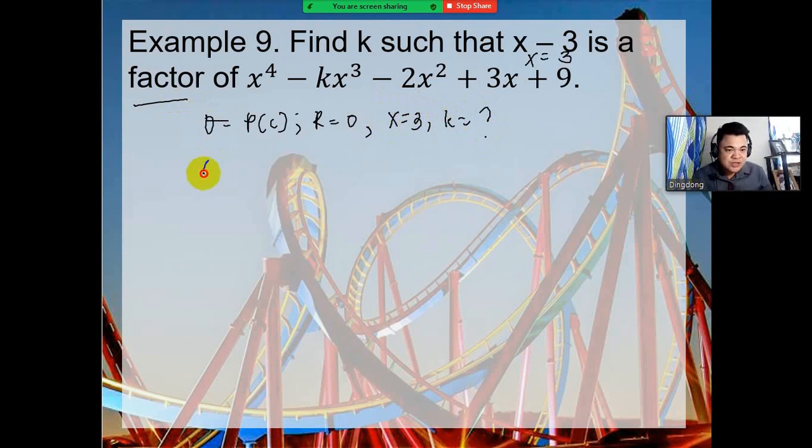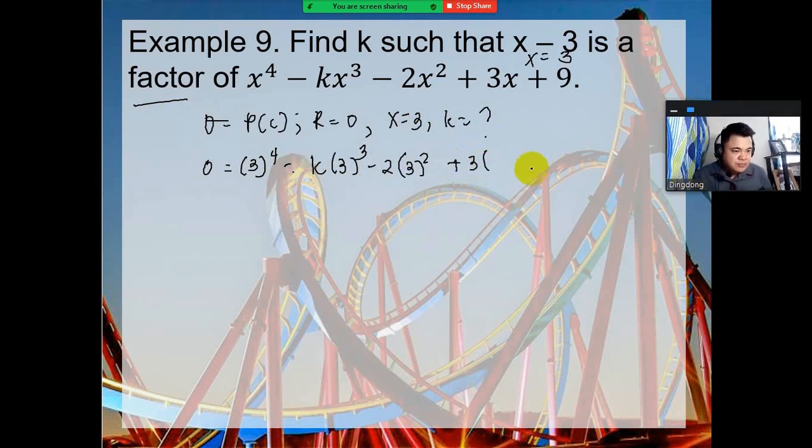Then substitute the values, bring down 0, and change all x to 3. So 3 raised to the fourth minus k times 3 cubed, then minus 2 times 3 squared plus 3 times 3 plus 9.